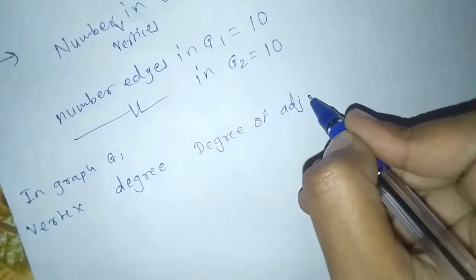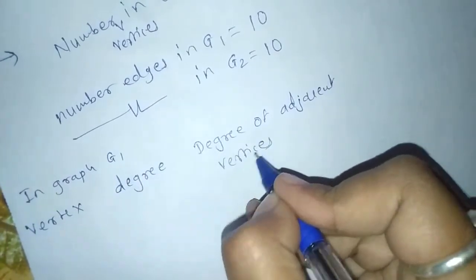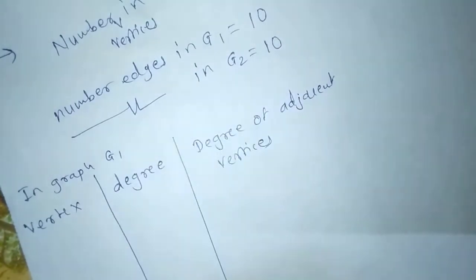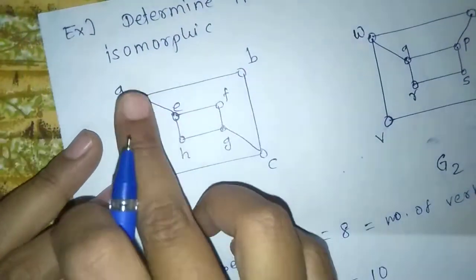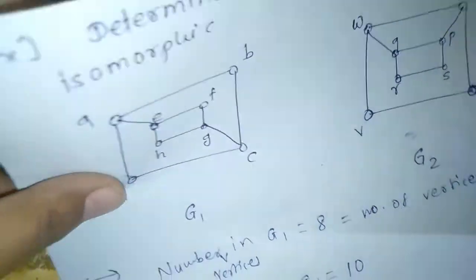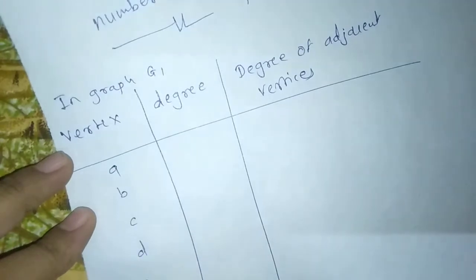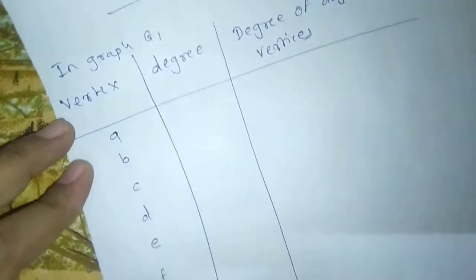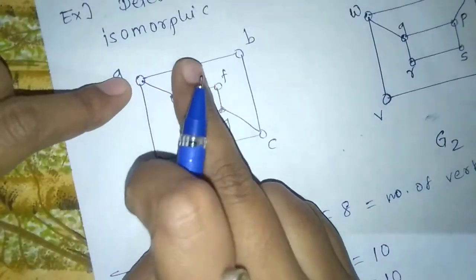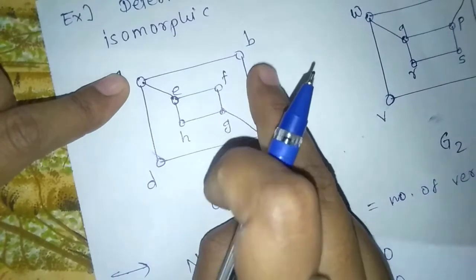Vertices A, B, C, D, E, F, G, H. Degree of A is 1, 2, 3. Degree of adjacent vertices of A is 1, 2.